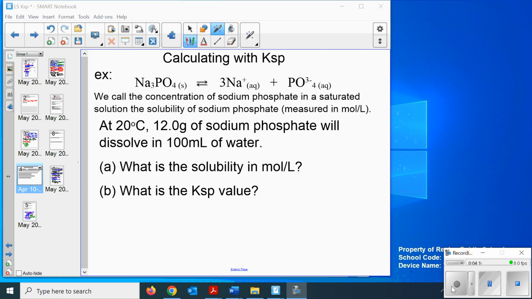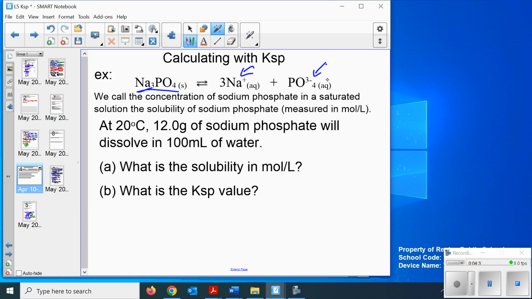So, calculation problem. I've got sodium phosphate. And it's solid. It's separating into its ions: 3 sodium ions, 1 phosphate.